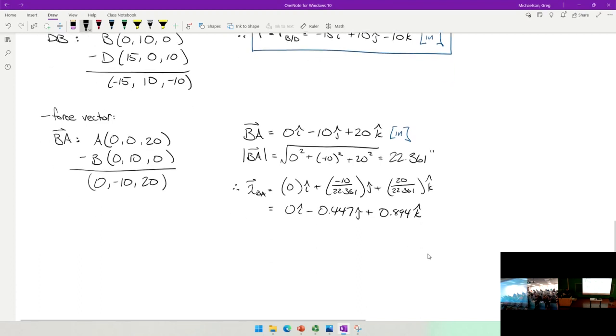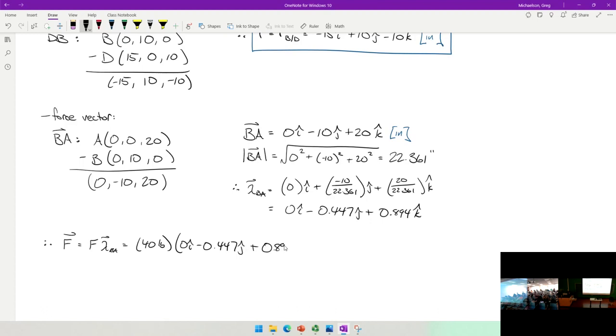And then we take that, multiply it by its magnitude. And so we get F is, and again, kind of messy, but 0I minus that, and then plus that, and that's going to be in pounds.